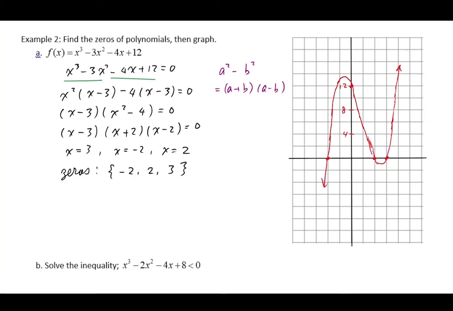And that's the rough sketch of this function. Notice that I did not have you find the maximum or increasing and decreasing intervals here, because that requires calculus lessons. This is a review of pre-calculus so far.